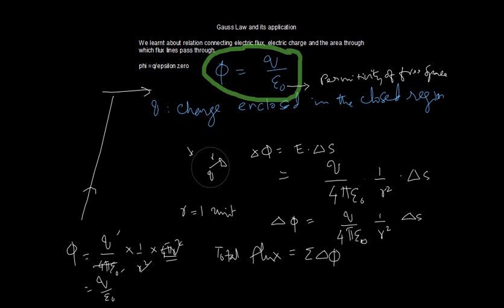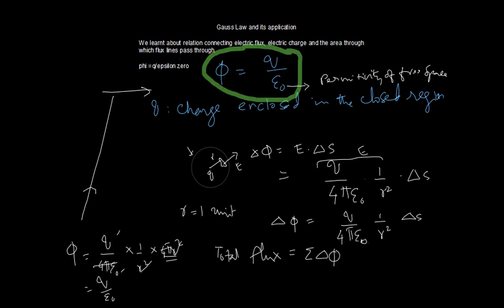is given by the electric field. The electric field would be perpendicular in this particular case. Here the electric field will be going this side if the charge Q is positive. So E dot delta S. E is given by Q by 4 pi epsilon naught R square. This is all the E dot dS.